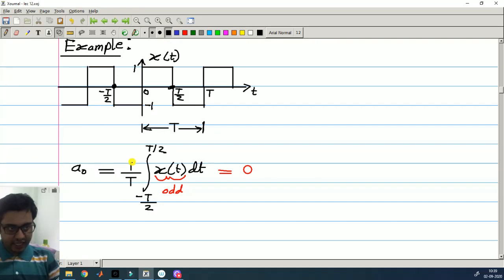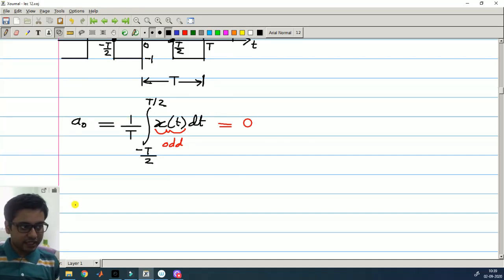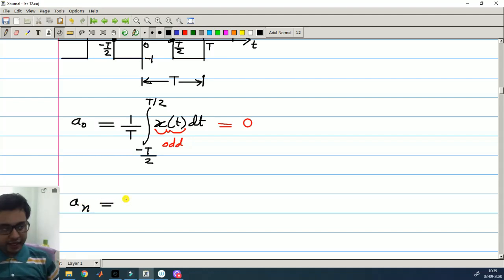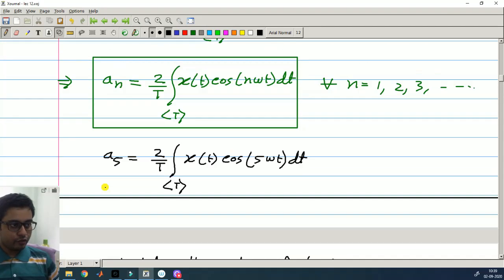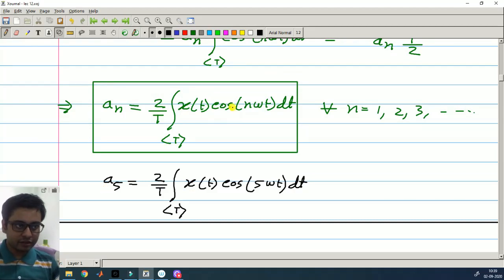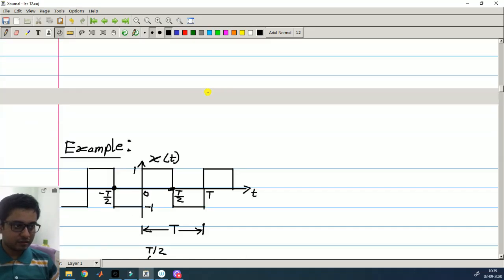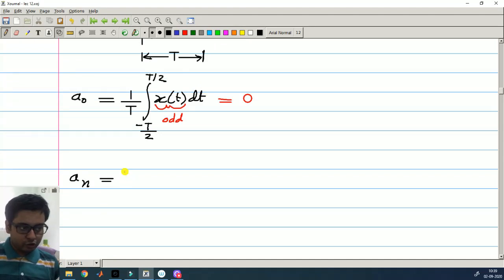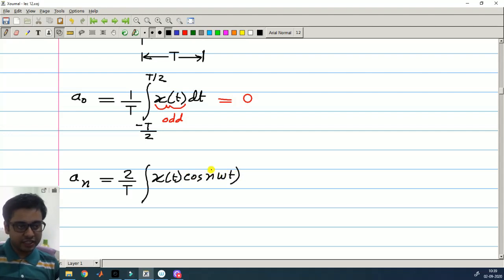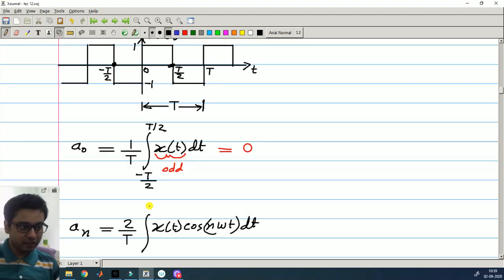Now let us calculate an, and an can be found from this formula: 2 over T, integration of x(t) cosine n omega t dt over a complete cycle, any complete cycle. So I will do this integration from minus T/2 to plus T/2.